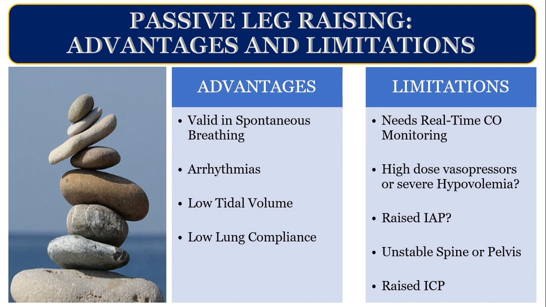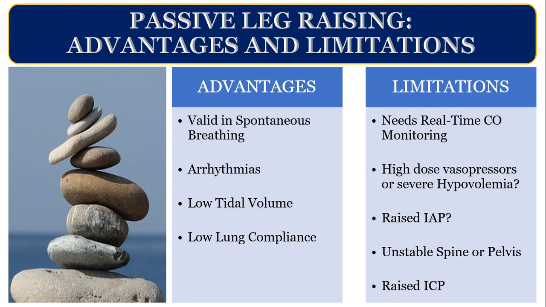But there are limitations. There is a need for real-time cardiac output monitoring, which may not be available in all the places. If the patient is on high dose vasopressor, veins are all constricted. There is very little blood available in the lower pelvis and the lower limbs.